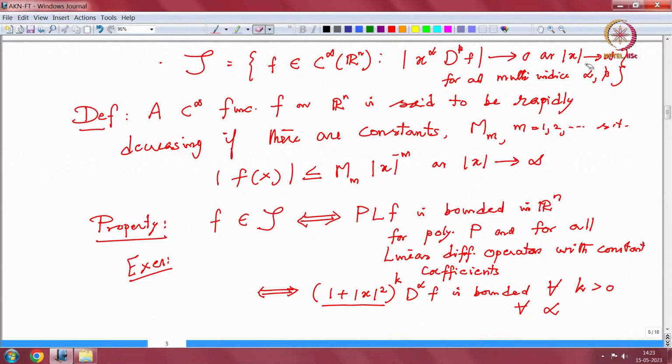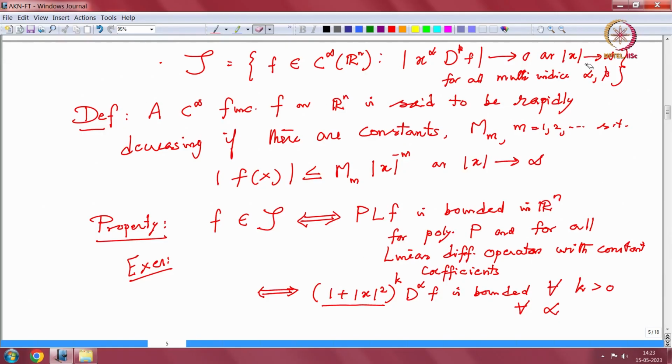So, we introduced the class of functions which are rapidly decreasing, and Schwartz space is nothing but the set of all C infinity functions such that all its derivatives are rapidly decreasing.